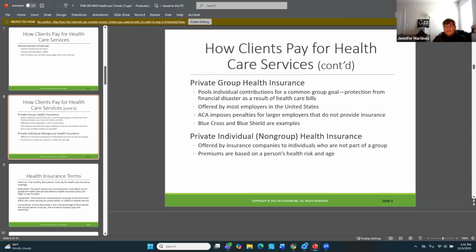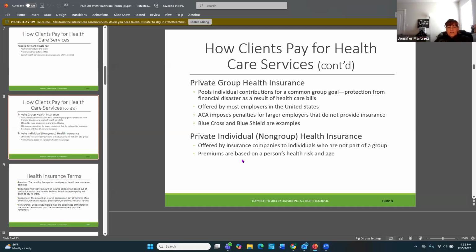But companies under a certain amount of employees are not required to offer insurance for their employees. I think it's less than 50, but I could be wrong with that number, so don't hold me to that. But if those bigger companies don't provide insurance to their employees, then there will be penalties for those employers.